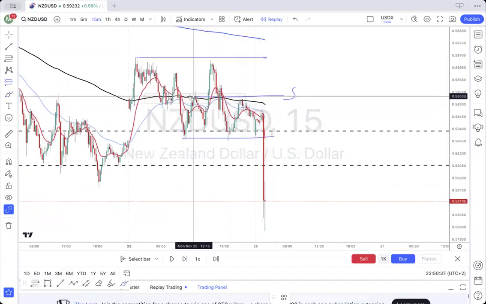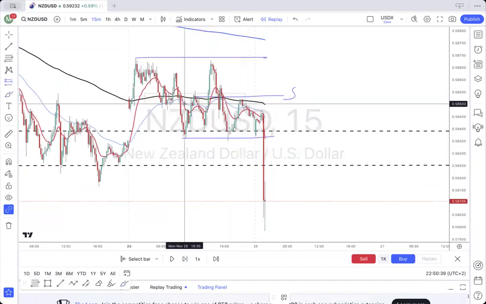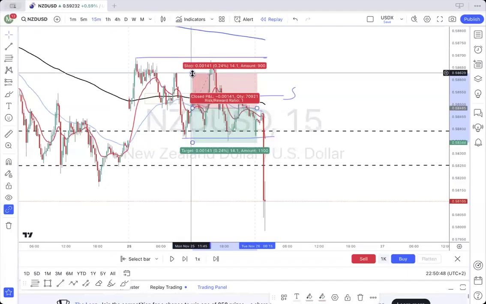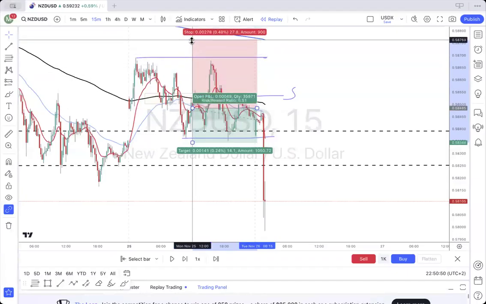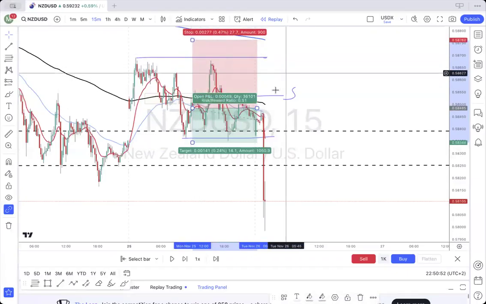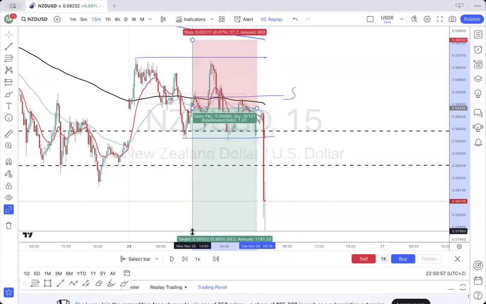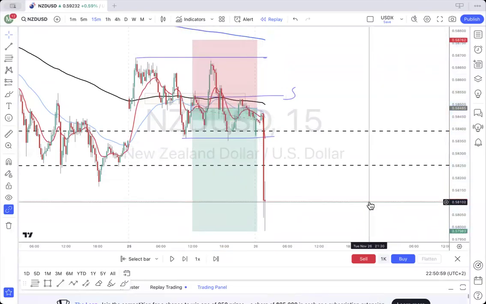Can you see that you probably would have entered? Now, let me put it in the right spot where there's a start of neckline somewhere there. Maybe my stop loss was here on the 800 EMA. And then this is how far you would have gone. So it's twice the reward as well.